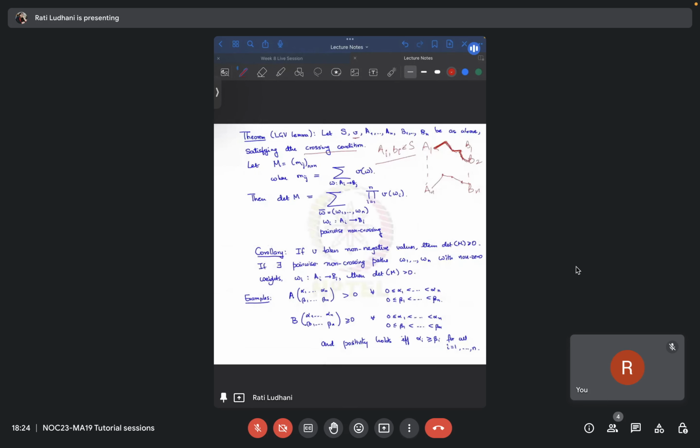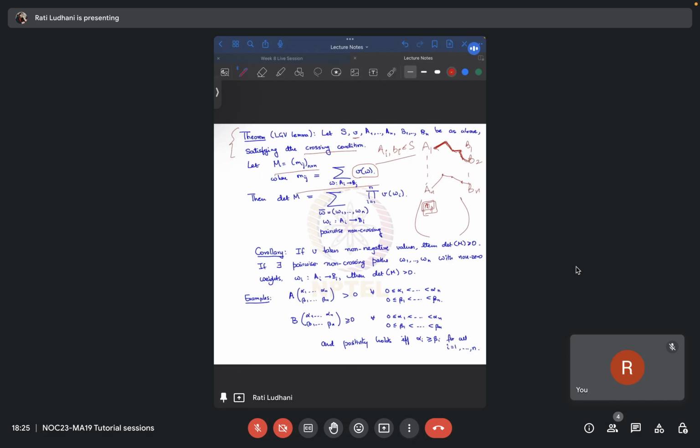If that satisfies the crossing condition, then let M be equal to Mij, n cross n, where Mij is the summation over the weights of the paths. So the entries of the matrix are like this: M11 is the sum of all the weights of paths from A1 to B1. So for every Mij you can have it like this.